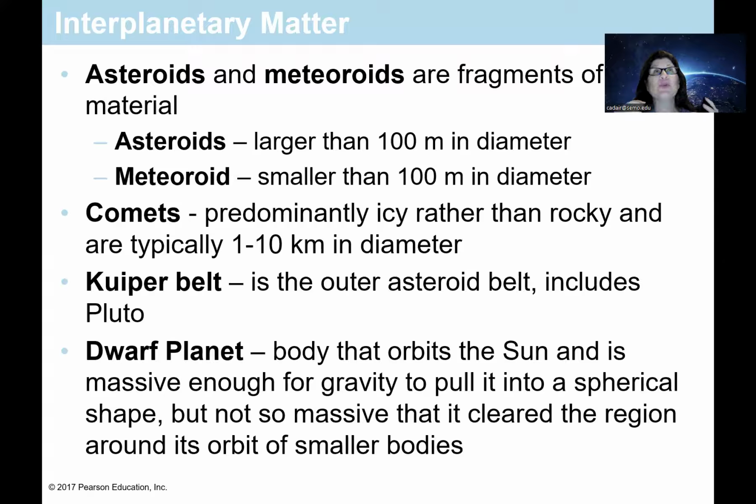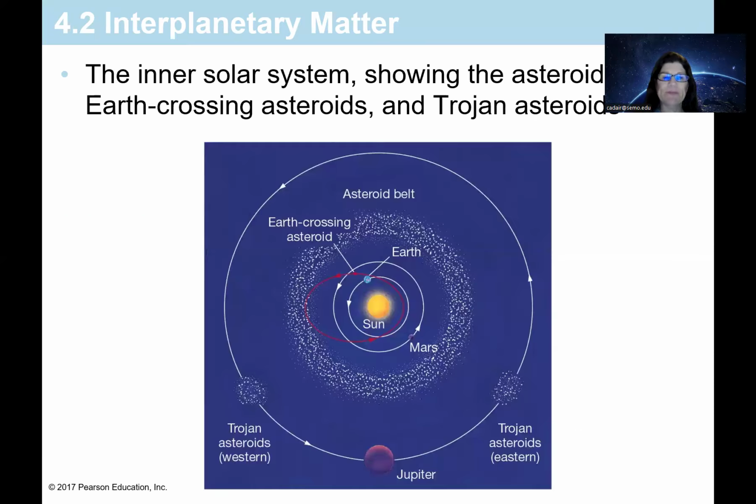So since Pluto is in the Kuiper belt and there's lots of other objects in the Kuiper belt, it got demoted, basically. And I think one of the other objects past it is actually bigger than Pluto. Anyway, all right.